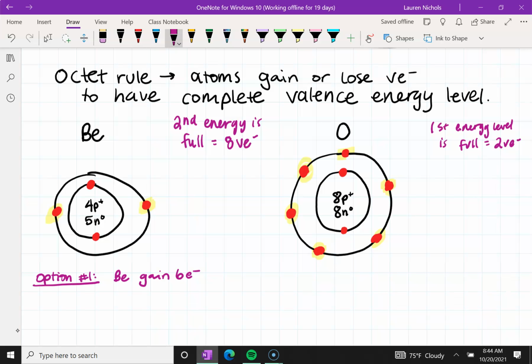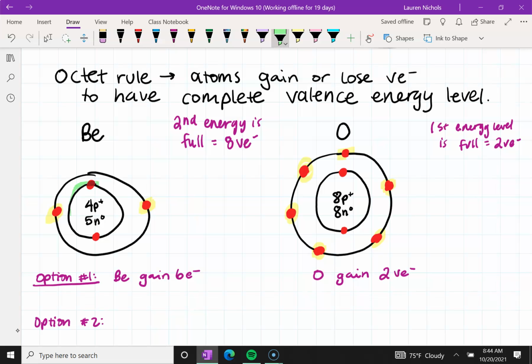Oxygen would need to gain 2 valence electrons to get to 8. It has 6 valence electrons, it would need 2. Beryllium could gain 6. Now, the second option is what if instead of gaining, it lost?